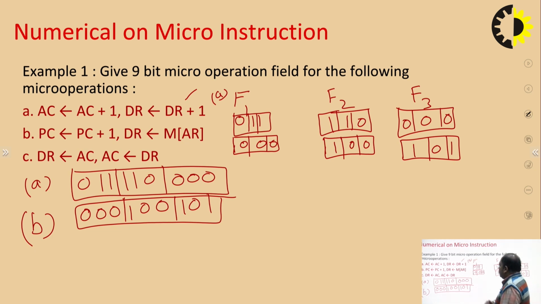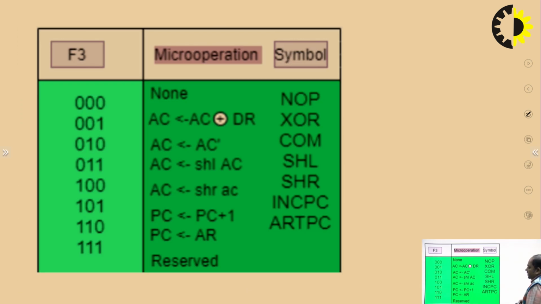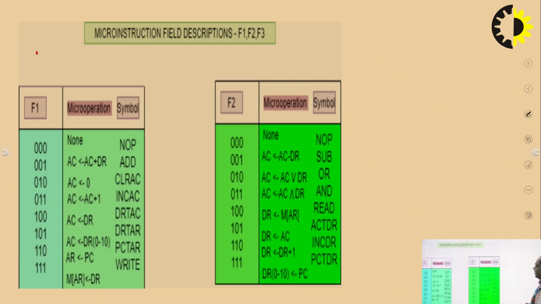So what we have to do is check the values in all the field descriptors. The program counter is incremented in F3, which has the code 101, and the value of the memory address register has been transferred to the data register in F2, which has the code 100.